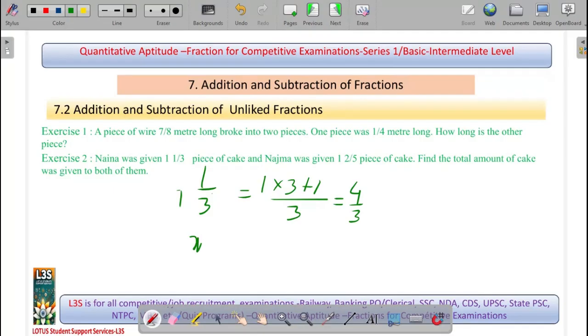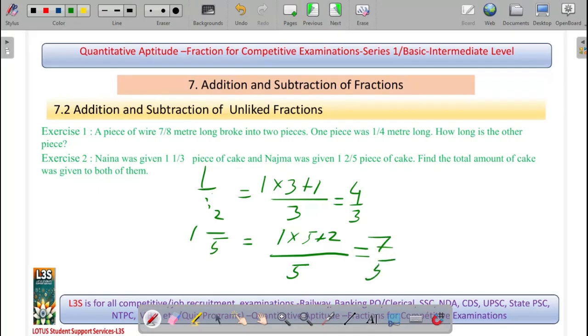And 1 and 2 by 5 is equal to 1 into 5 plus 2 by 5, that is 7 by 5. Now we have to take the LCM because we have to add both.